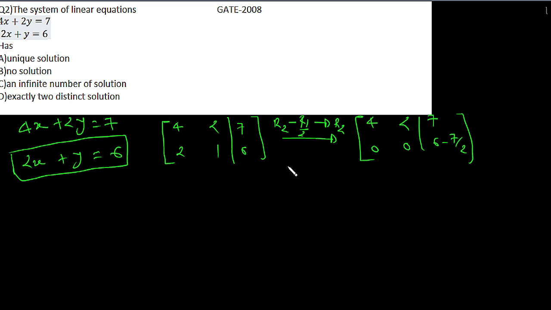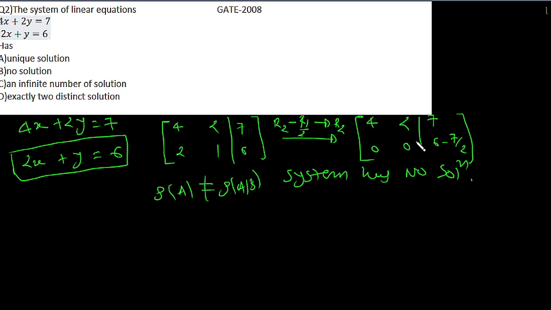So from that you can say that the rank of our matrix A is not equal to the rank of our augmented matrix. So we can say that the system has no solutions. So the correct option is B.